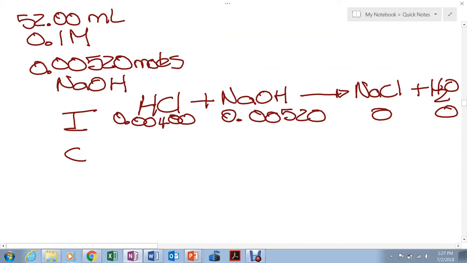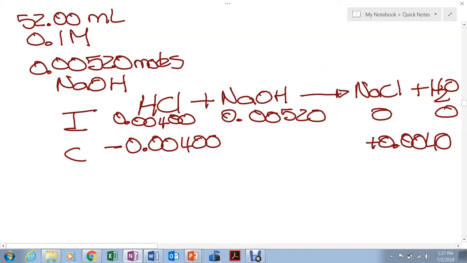This is the one that is greater. So the limiting reactant this time is the acid, because you have more volume. This is going to be 0.0040 plus, and this would be minus 0.00400.